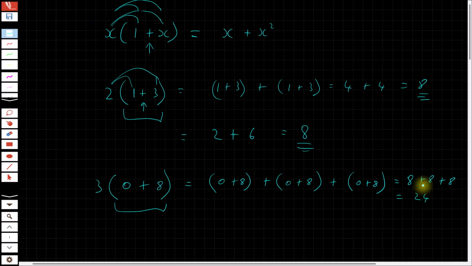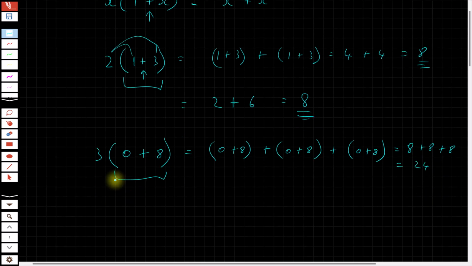But let's take a look at it using the distributive property. So 3 times that number and then 3 times that number. So 3 times 0 is 0, and 3 times 8 is 24, and it's a positive 24 because we're multiplying a positive number here and a positive number here. So it's 24, which equals 24. So exactly the same number.